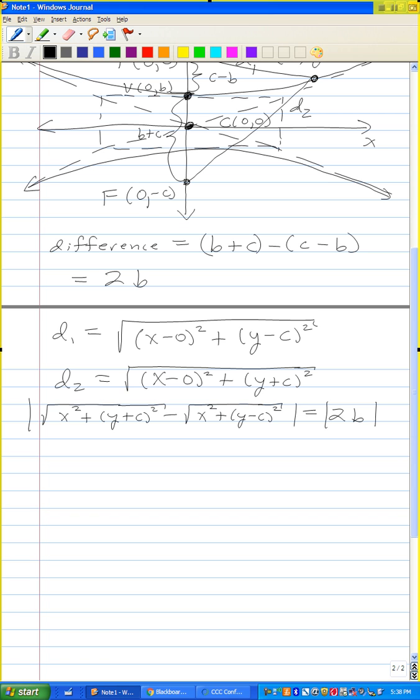So I can absorb all that by saying the square root of x squared plus (y plus c) squared minus the square root of x squared plus (y minus c) squared equals plus or minus 2b. Let me bring the radical of x squared plus (y minus c) squared to the other side of my equation.